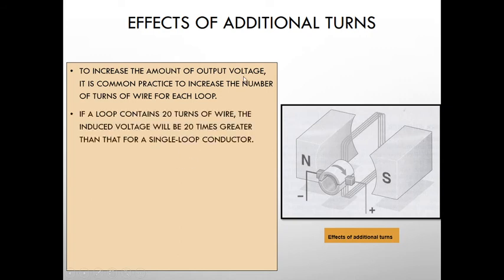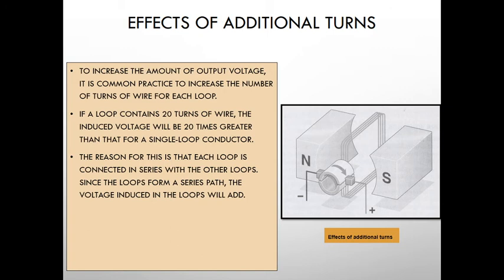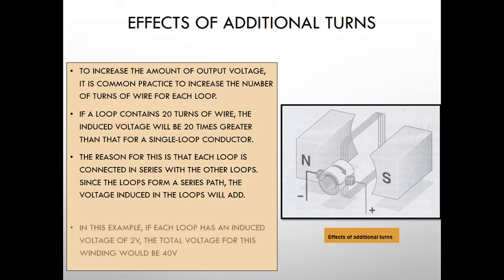So if a loop contains 20 turns of wire, the voltage will be 20 times greater than the single loop conductor. The reason for this is that each loop is connected in series with the other loops. Since the loops form a series path, the voltage in the loops will add.